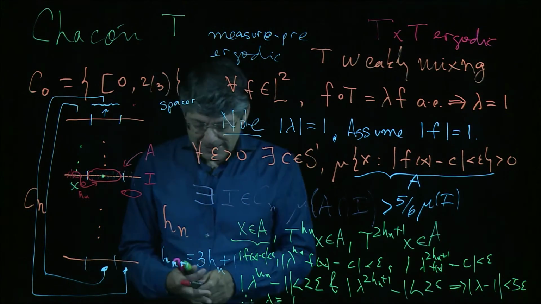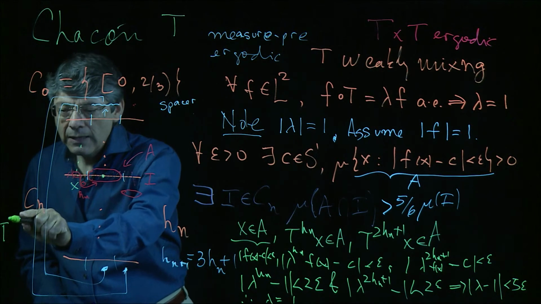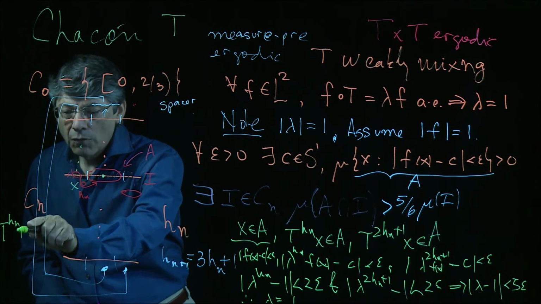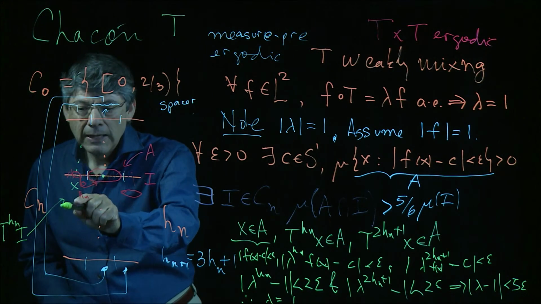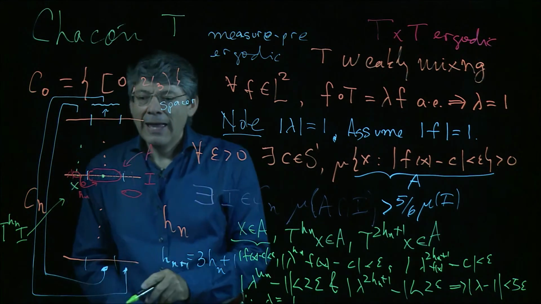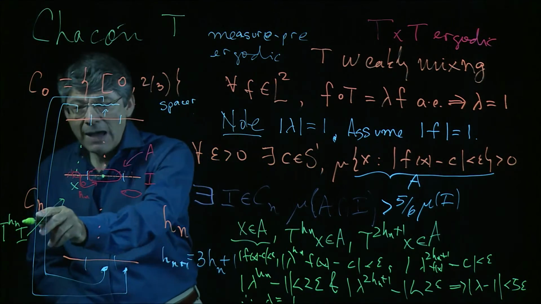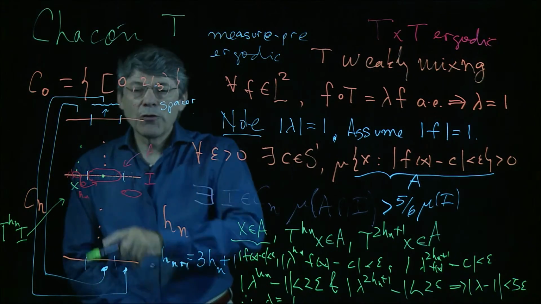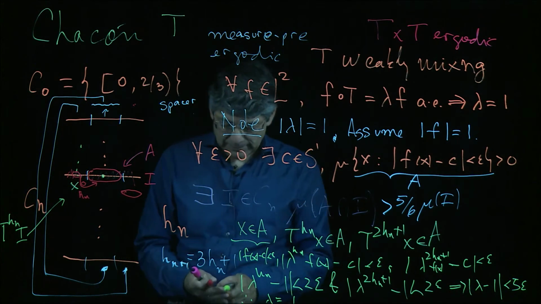You can see that under Hn, T to the Hn of I is in fact half of it is in this part, and the other half is in the lower part. T to the Hn of I is, half of it is contained in I, and the other half is one level below I. Okay.